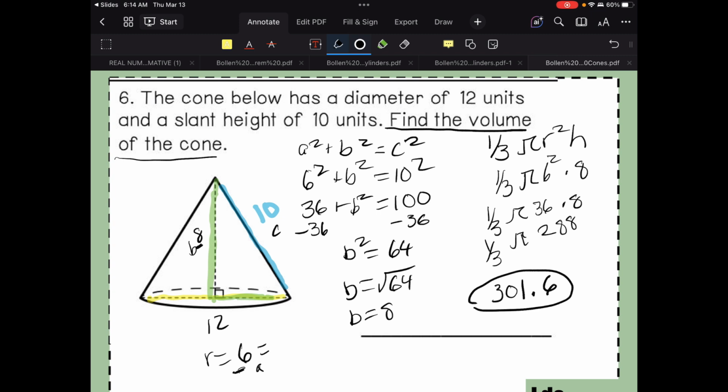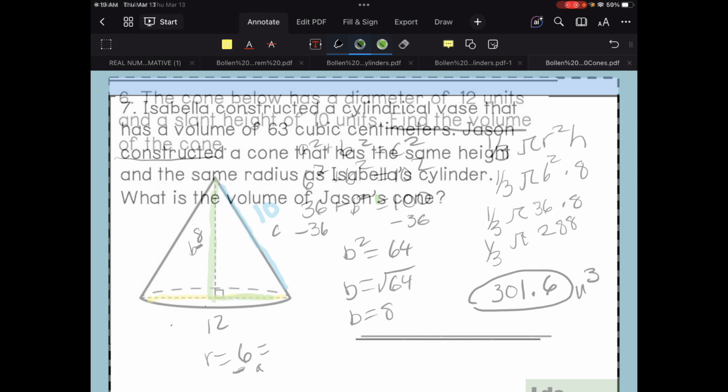So your total volume would be units cubed. It would be 301.6 units cubed.